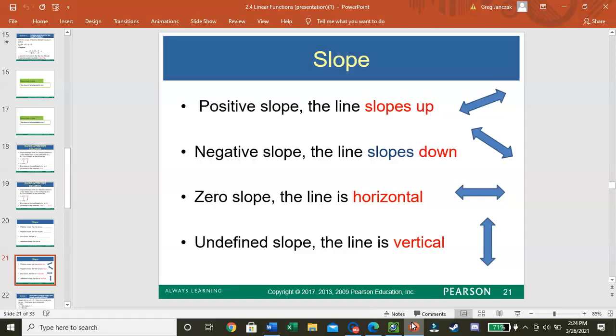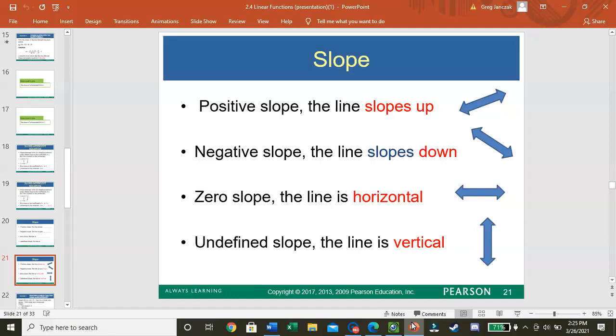Zero slope is a horizontal line, and that's just like the horizon. Think of the horizon, right? When you see the sun setting and you're looking out at the horizon, you see that line of the earth when you're at the beach.